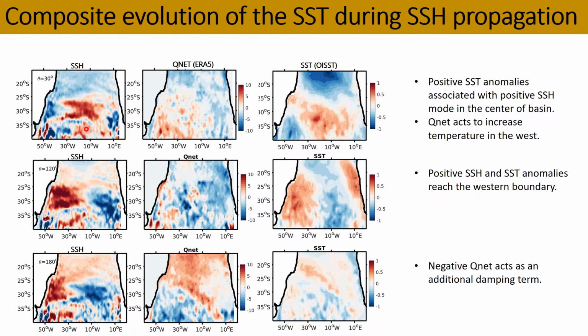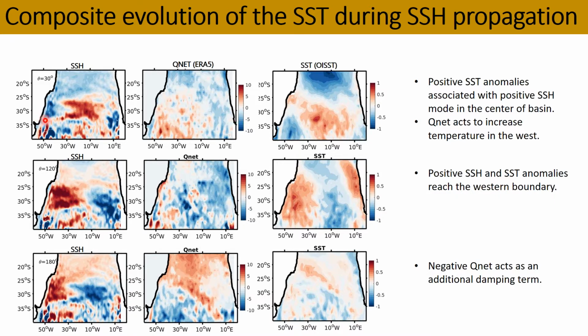So for three different phases here, we also put composites of the QNet, so this is the fluxes into the ocean, and the SST anomalies. So you see that when it's positive here in the middle of the basin, we also have the SST anomalies positive in this case.